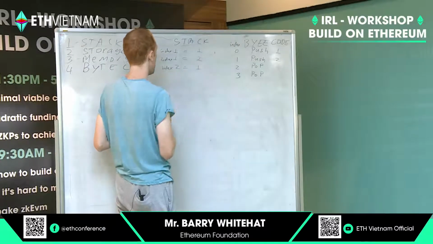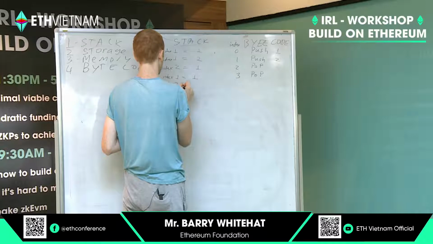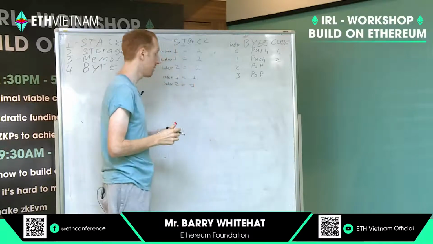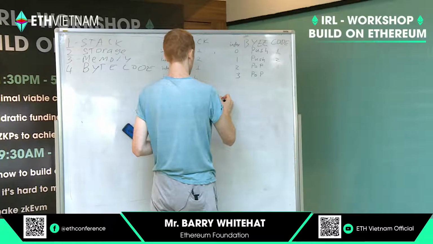So then we do a pop. So pop means that index 1 will become 1, and index 2 will become 0, right? Because when we do the pop, we had our stack that was like 2, 1.